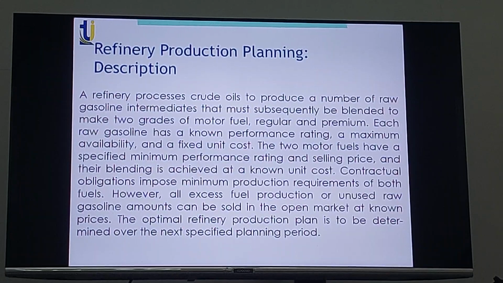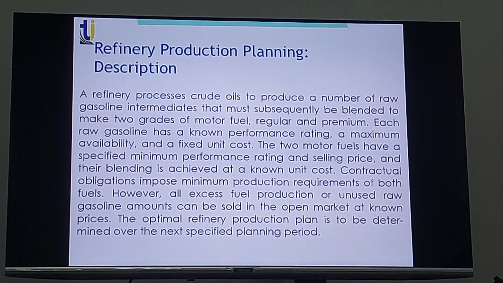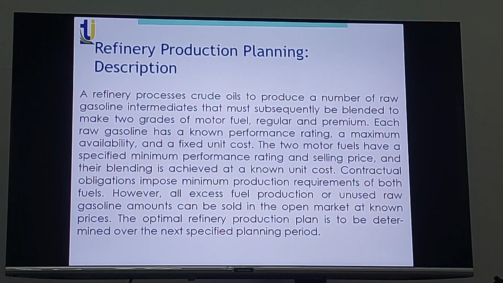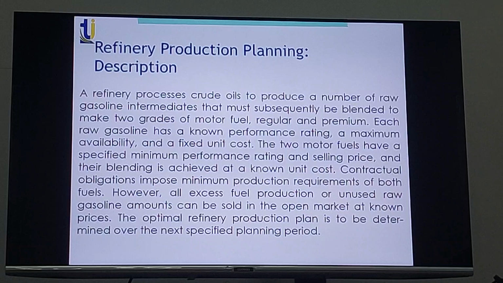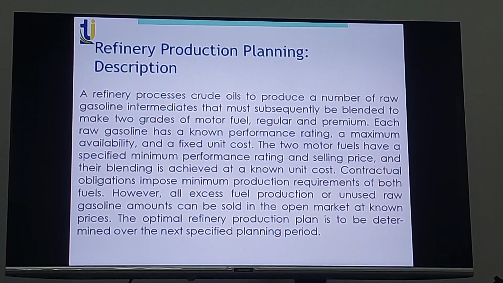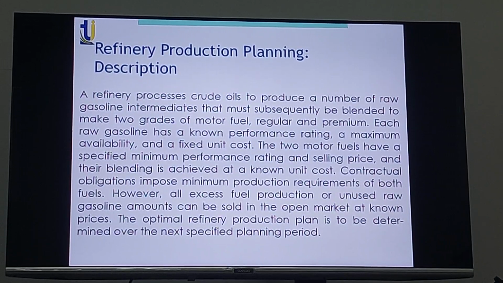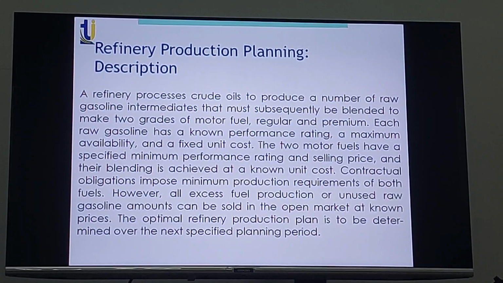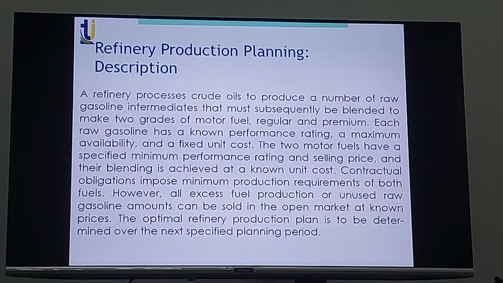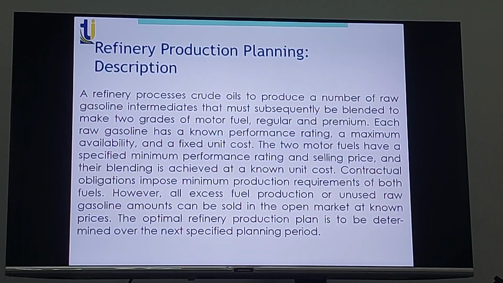At least you have to produce this amount, as an example of a restriction. You cannot produce less than this amount. You can produce 0, for example. However, all excess fuel production or unused raw gasoline amount can be sold again at a known price. The optimal refinery production plan is to be determined over the next specified planning period.